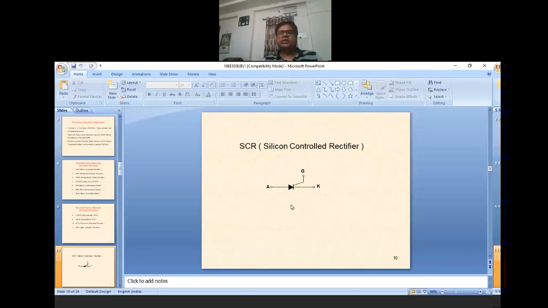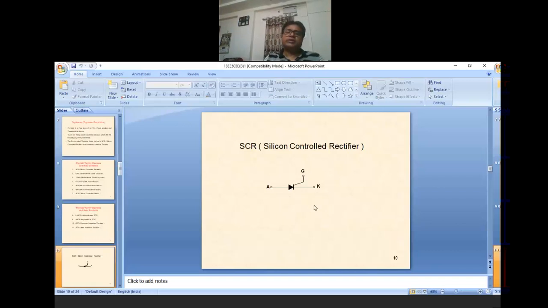When you see this symbol, apart from the gate terminal, the remaining figure is just similar to a PN junction diode, where the terminals anode and cathode are designated like this, and if you give a positive supply between anode and cathode, the diode will be forward biased.